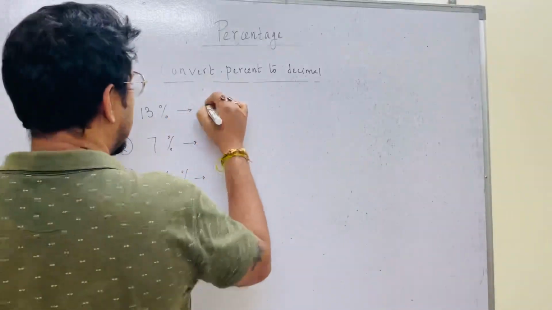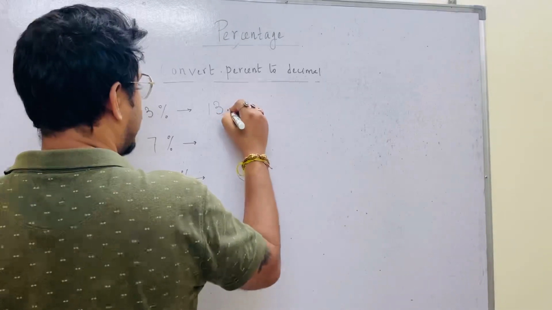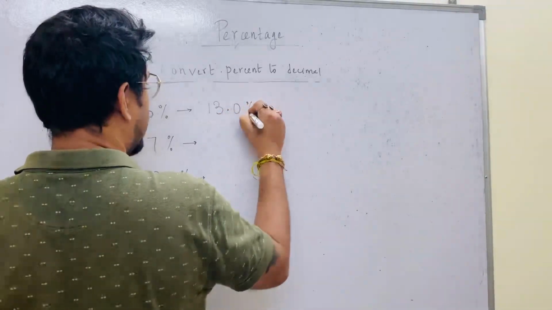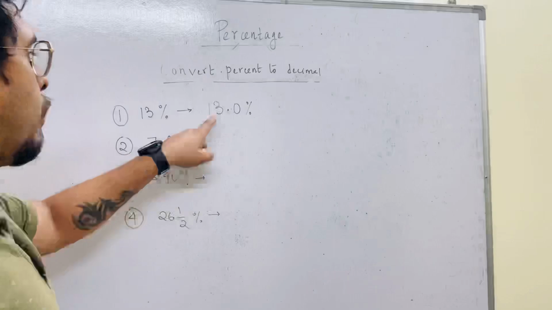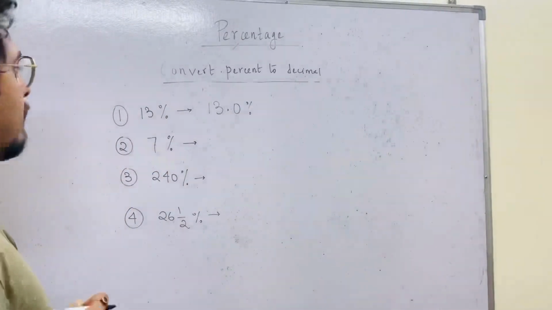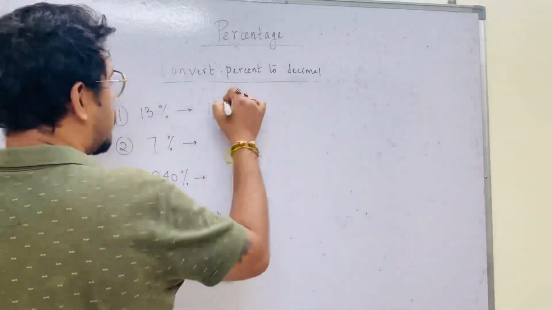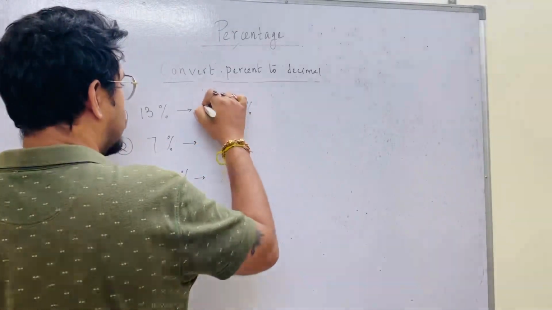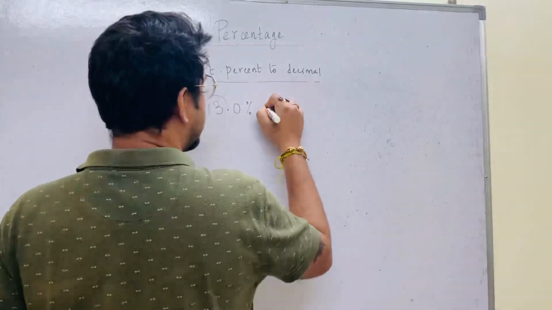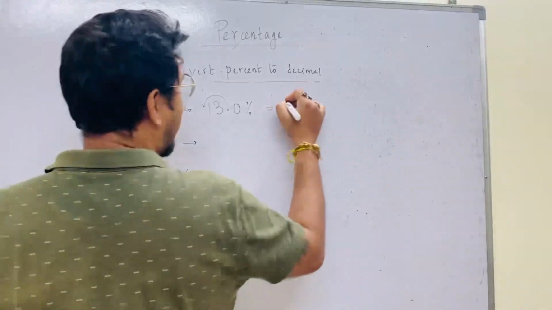Currently in the percentage, the decimal point is after 13. So we can write this as 13.0%. Now if I have to convert the percentage to decimal, I have to move the decimal point 2 digits to the left, which means it is going to be 0.13.